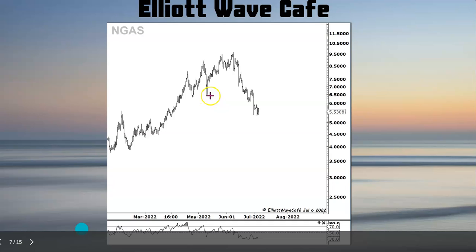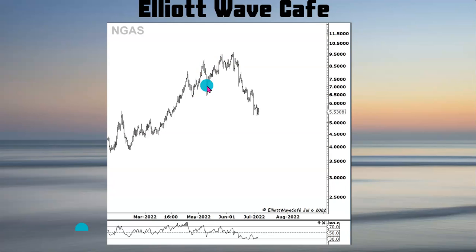The only issue that I have, if you want to be a stickler, is that this third wave is a little bit bigger than wave 1, just by a touch. I measured this before I looked at it, and that's about where equality is. If we're following the rules and guidelines, wave 3 is not supposed to be bigger than wave 1. That's a negative for an ending diagonal, but it doesn't change the look of it.